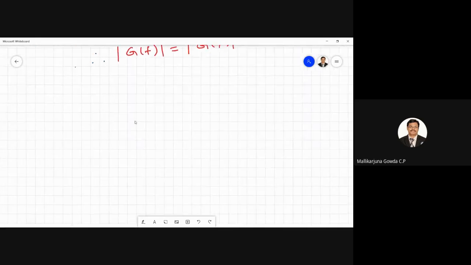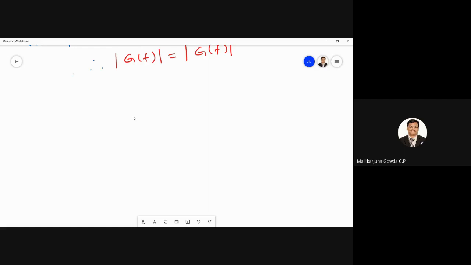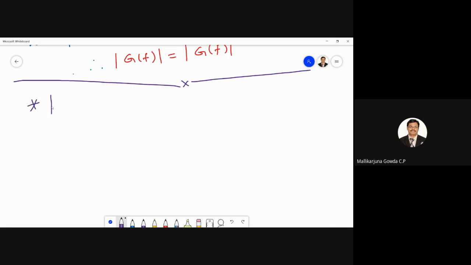Yeah. So the next one is, as I said, the pre-envelope. So the next concept is the pre-envelope.